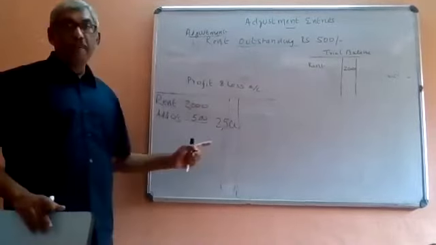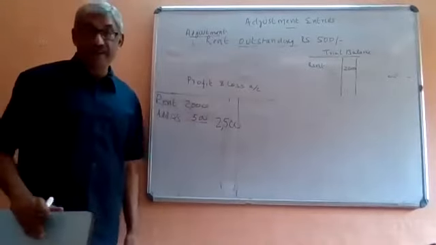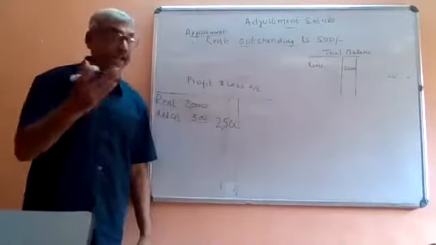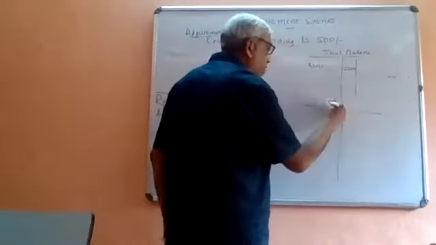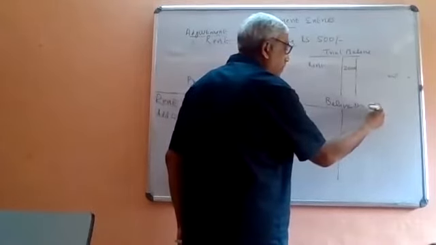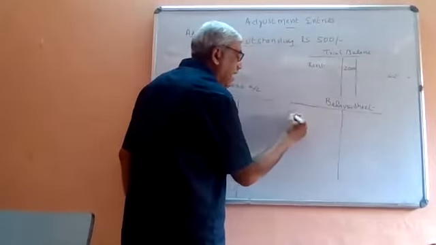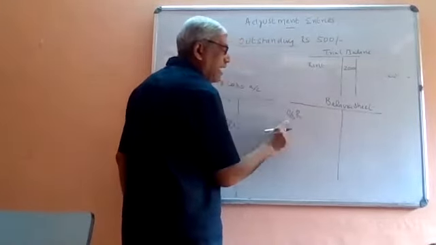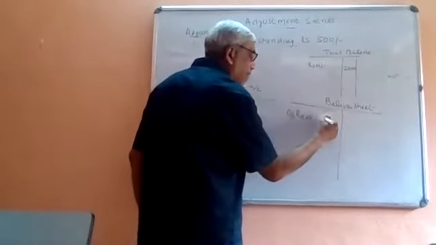Now this amount we have not paid. So it is a liability. So where will it come? In the balance sheet, on the liability side, we will write outstanding rent. And just write O/S outstanding rent of rupees 500.